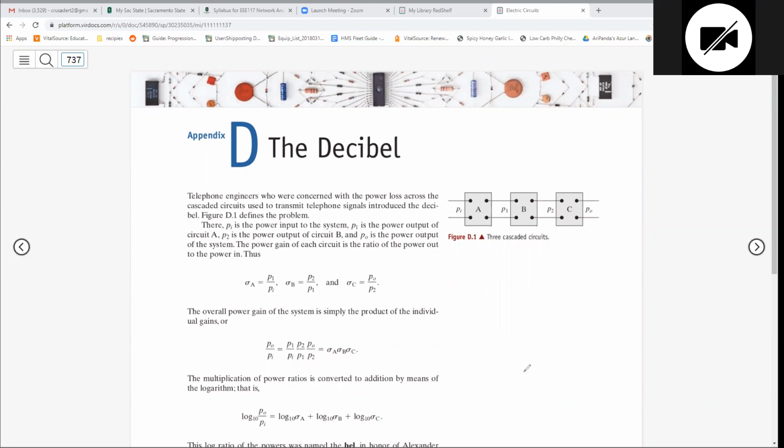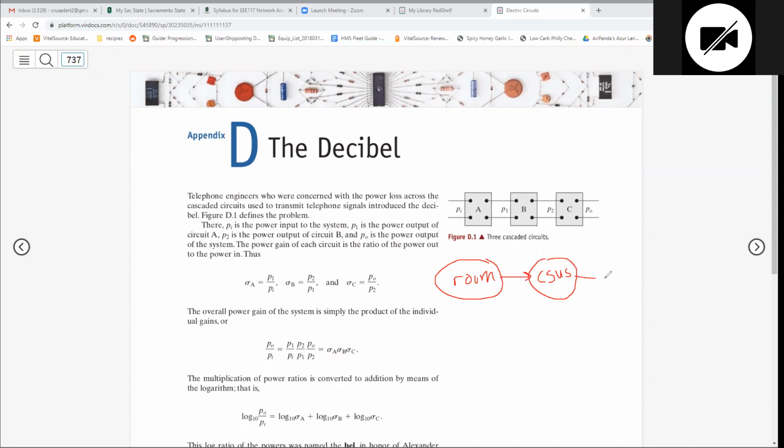But what happens if you're in San Francisco and you want to call Washington? Actually, let's make it local to us. We're in the classroom, and let's say we want to call San Francisco State University. We would pick up the phone and get routed to CSUS University's phone system.